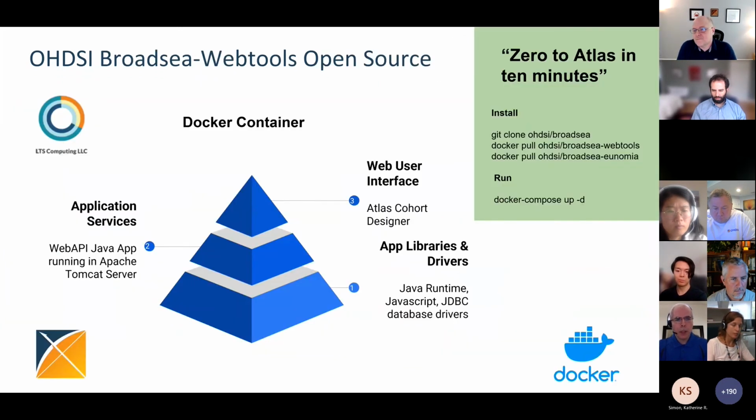Okay, so I haven't defined what a Docker container is, but essentially it's just a way of packaging up all the different software and its dependencies, all the pieces that it needs to work. So I thought it might be nice to break apart a Docker container for one of the tools. The Broadsea web tools container is Atlas, really the Atlas application that's been packaged up.